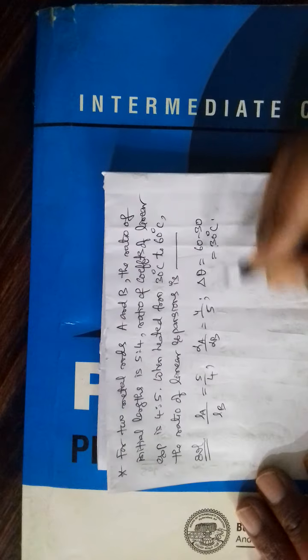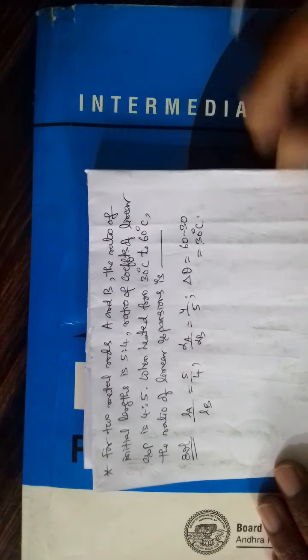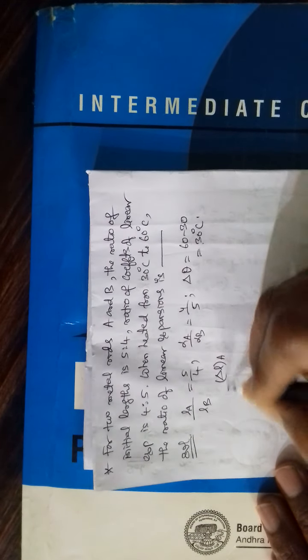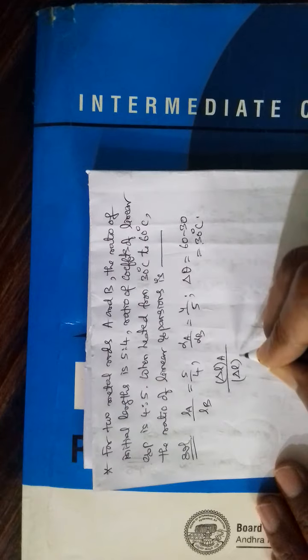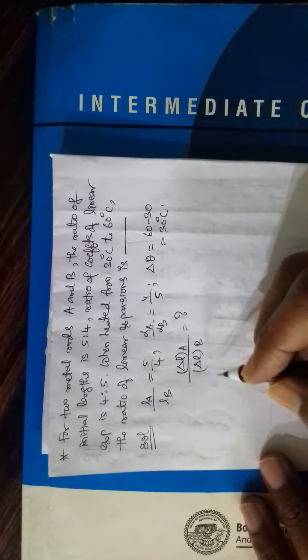So this is common to both. Now ratio of linear expansions. So what is asked? Delta L for A rod and for B rod. This is asked. Ratio of linear expansions.